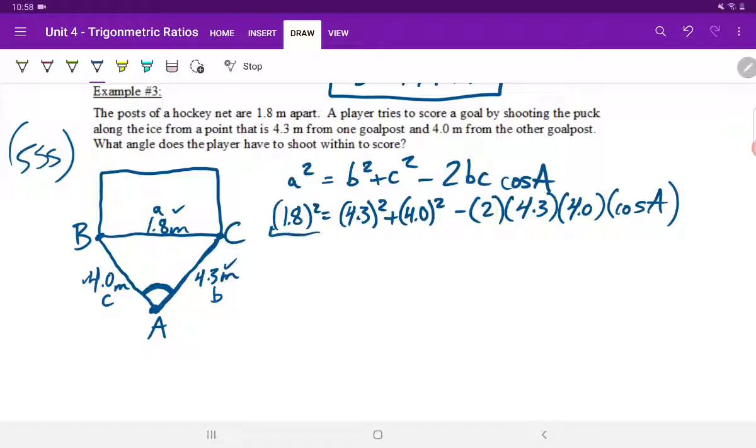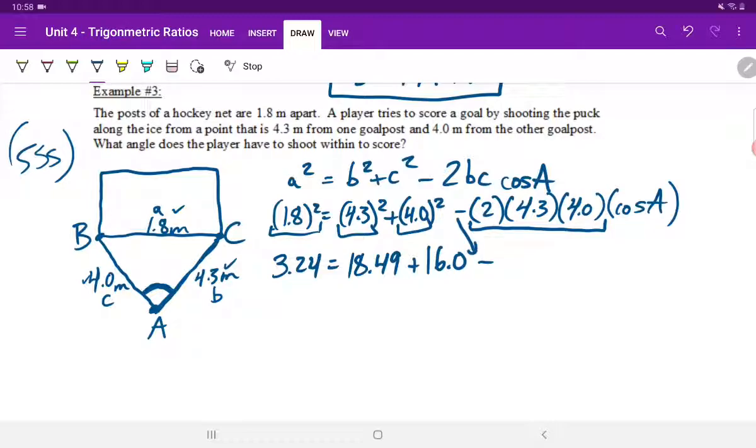We can clean up all of our exponents, and then multiply these 3 numbers together and just bring down our minus sign. So 1.8 squared is 3.24. 4.3 squared is 18.49. Plus 4.0 squared is 16.0. Bring down the minus sign, and now let's do 2 times 4.3 times 4.